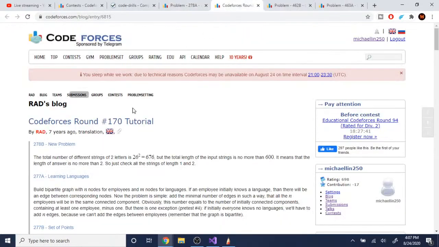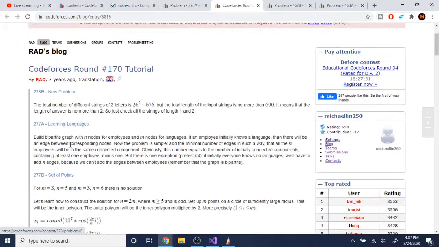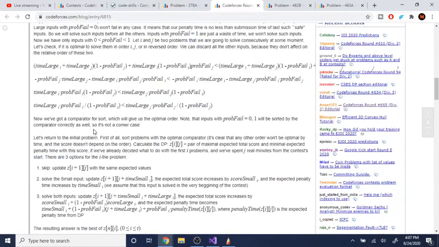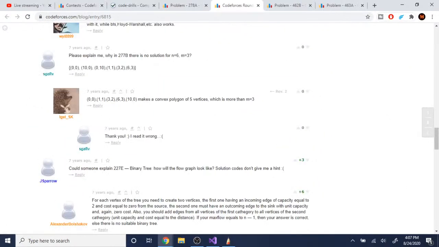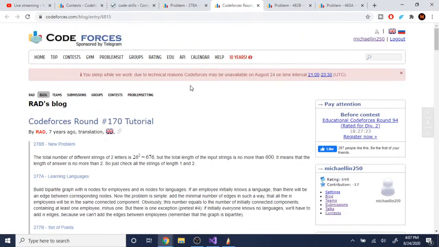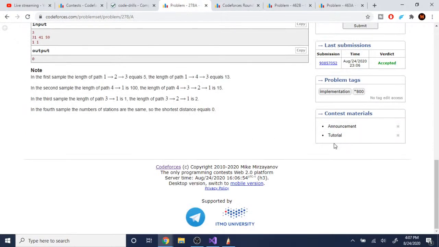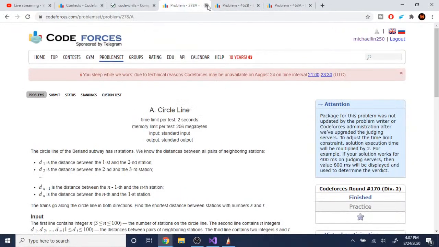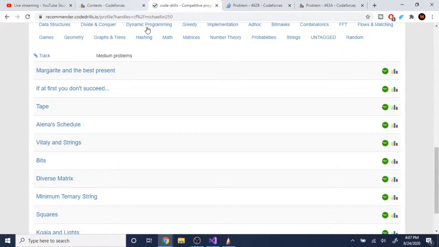Circle line. I think this is Division 1. This blog's for Division 1. Okay, so this doesn't correspond to the same problem. All right, whatever. Let's go to the next problem.